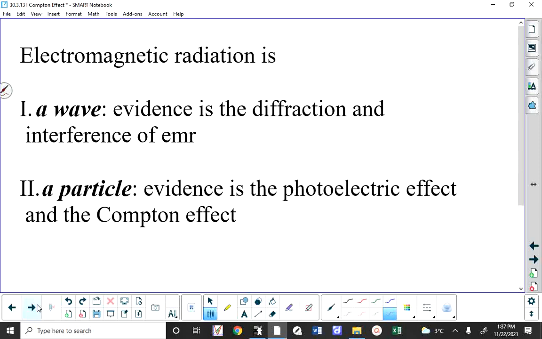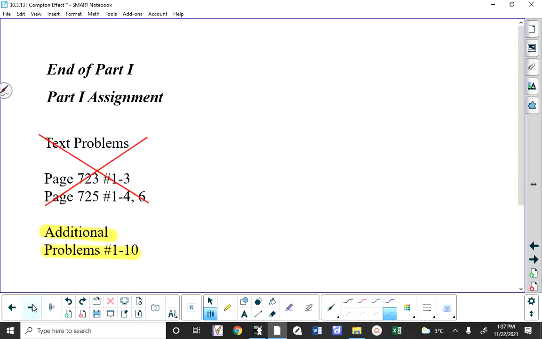I'm not trying to ascribe some kind of philosophical, metaphysical attribute to light. I'm just using it as an analogy. The light apparently knows that it has to behave like a particle when it undergoes the photoelectric effect or the Compton effect.